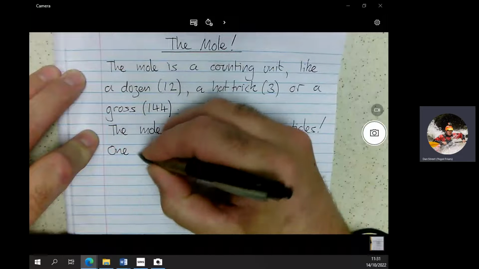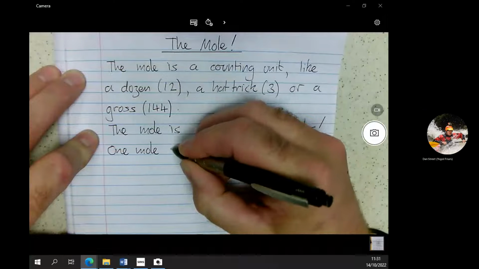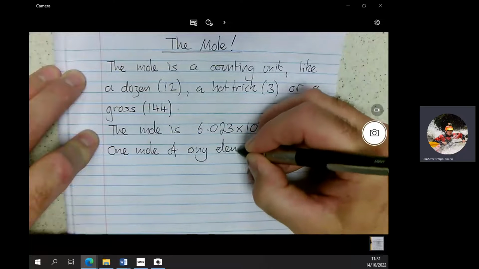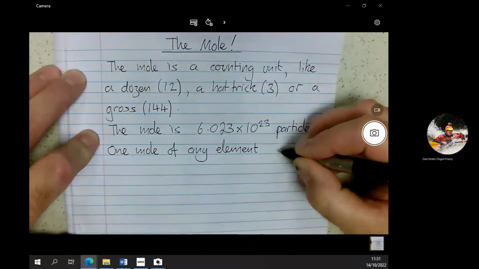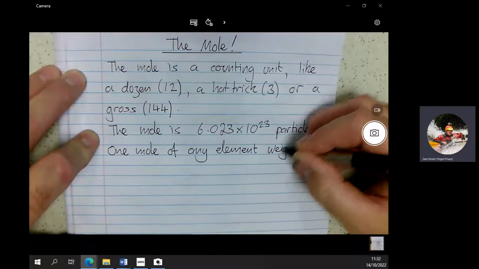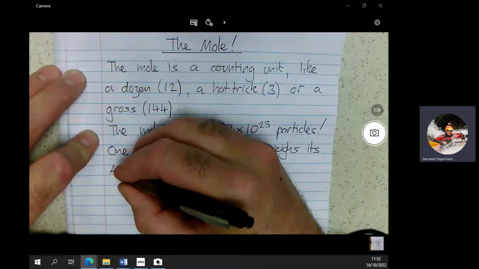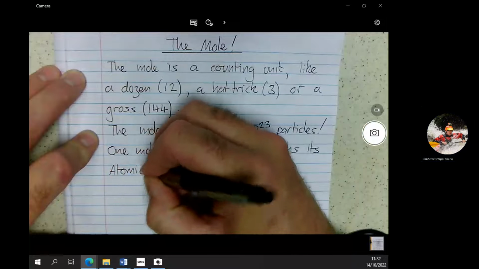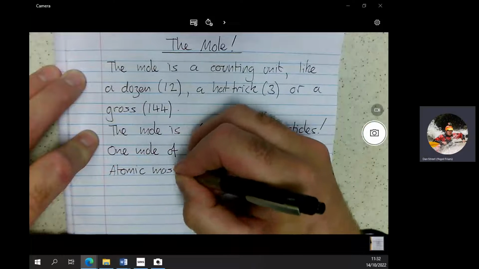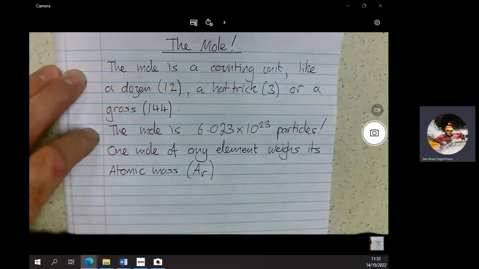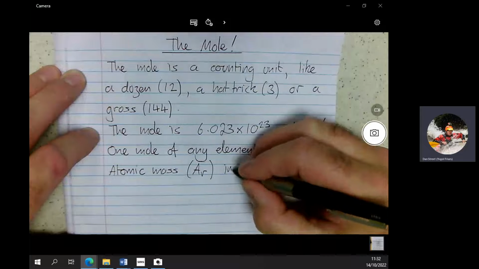1 mole of any element weighs its atomic mass. We know that as the AR. We've seen that a couple of times in that example this morning, in grams.